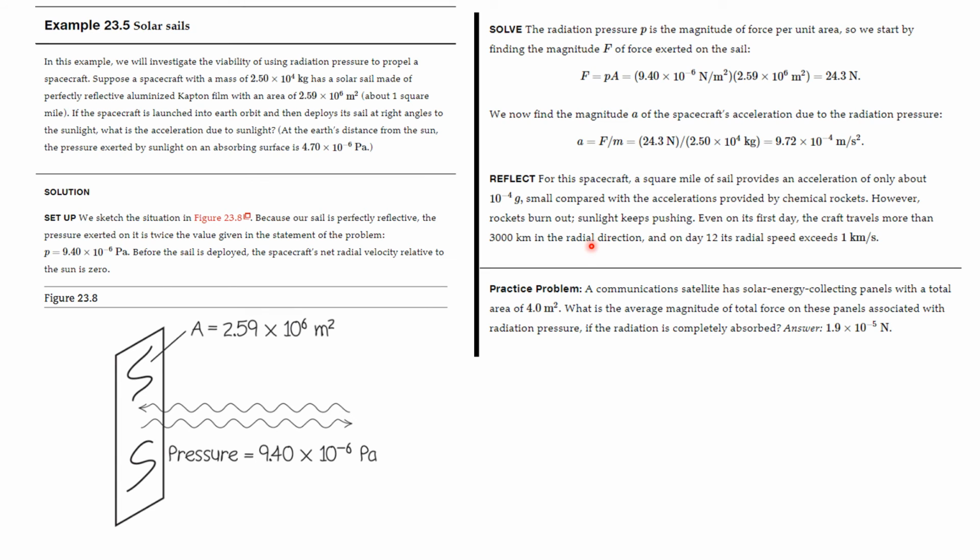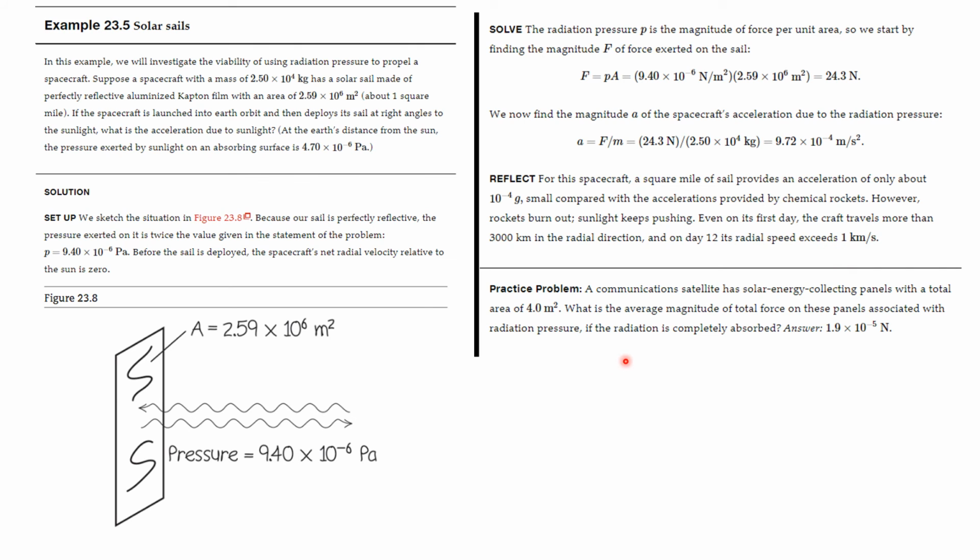But the fuel will burn out, while sunlight keeps pushing, and this will get faster and faster. Even on the first day, this spacecraft would travel more than 3,000 kilometers in the direction that it's pointing. On day 12, its radial speed would exceed 1 kilometer per second.